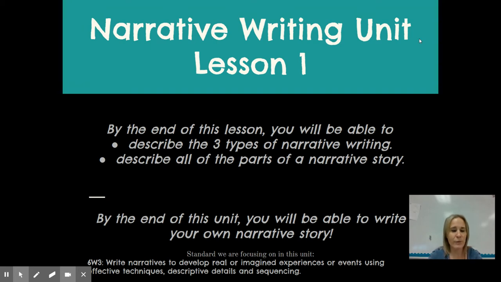And there's one more I didn't put on here, but you're also going to be able to describe the 3 different types of point of view that we'll go over in 6th grade. We'll talk about it more during our short stories unit, but you will know what they are by the end of this lesson. By the end of this unit, you will be able to write your own narrative story.